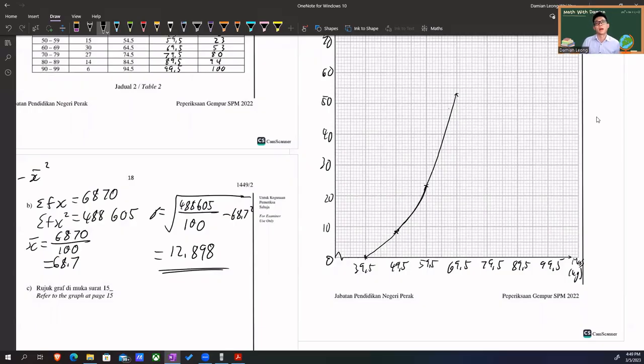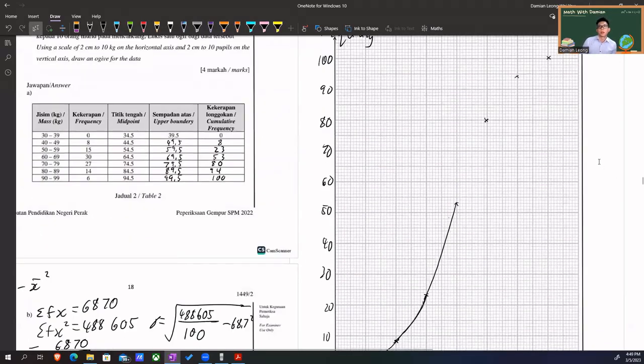Again, if you need to, you can always turn the whole paper to an orientation that makes it easier for you to draw.